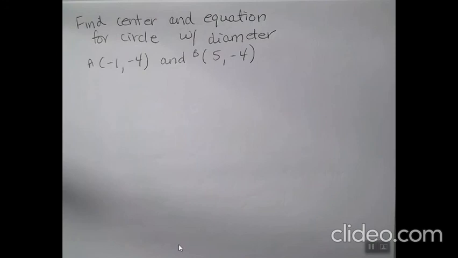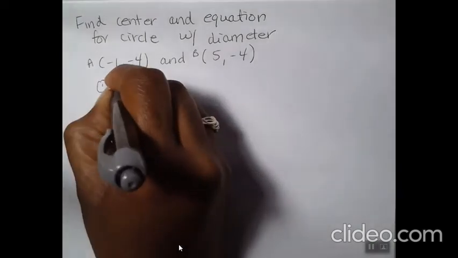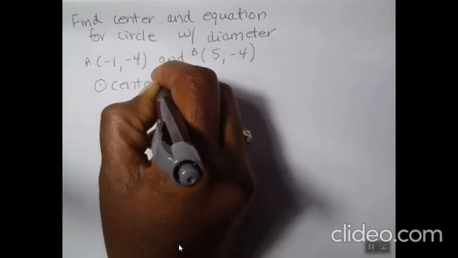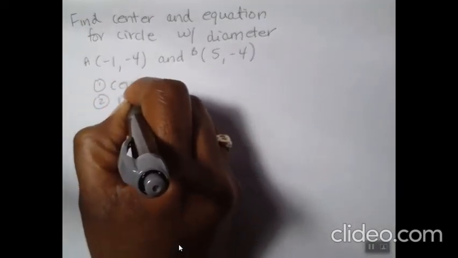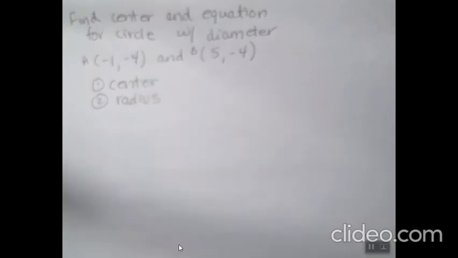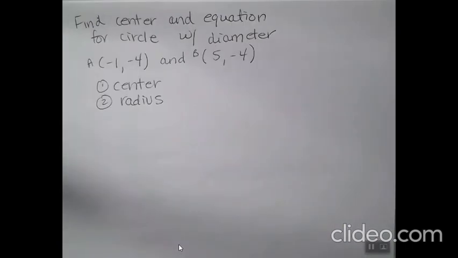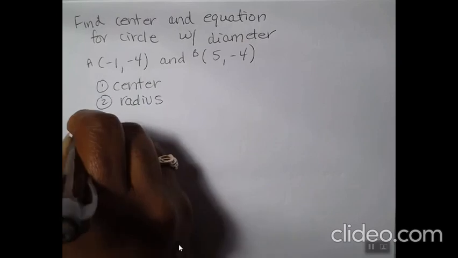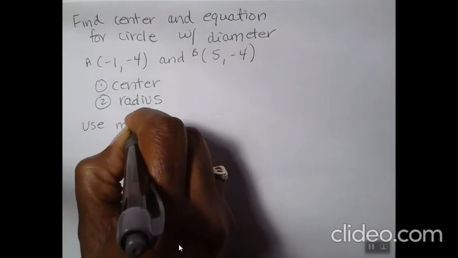We need to find the center. We also need to know the radius. And how do we find these 2 things? Well, we're given the diameter. We know the center is halfway between these 2 points. So we need to use the midpoint formula.